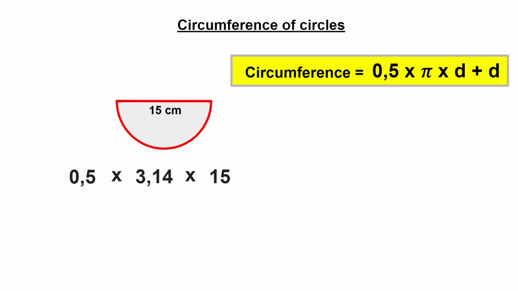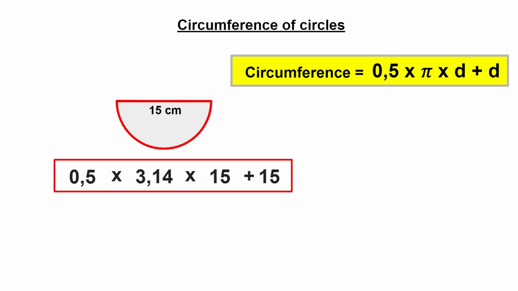So we'll need to include plus 15 into our formula. And 0.5 multiplied by 3.14 multiplied by 15 plus 15 equals 38.55, which is the circumference of the half circle.